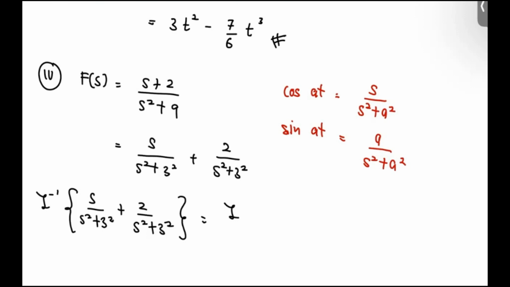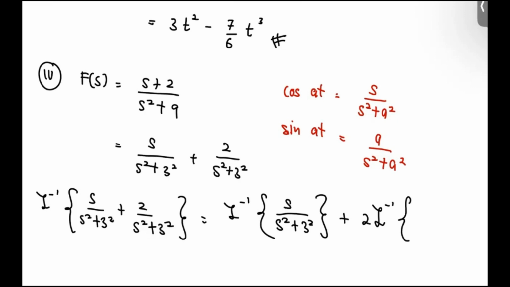Here would be inverse of s over s squared plus 3 squared. Plus 2 is a number, so you can put it outside. So put outside 2. Here I have 1 over s squared plus 3 squared.